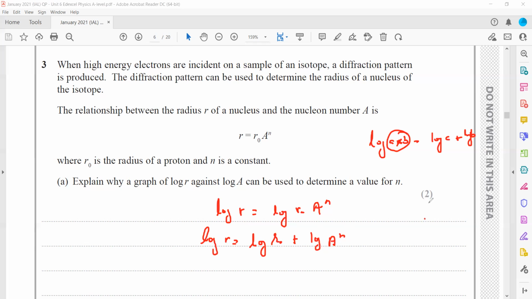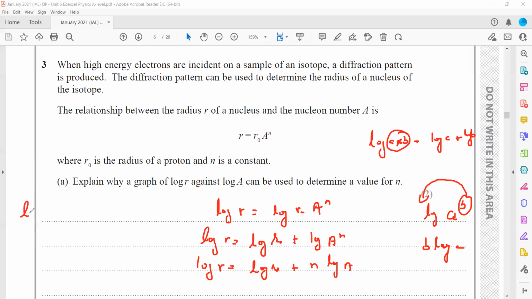And remember, whenever within a log something is written as A raised to the power B, the power comes down as a coefficient, so it is equal to B log A. So we can say log R equals log R naught plus n, because that's the power, times log A. Now if we rearrange the equation, log R equals n log A plus log R naught.